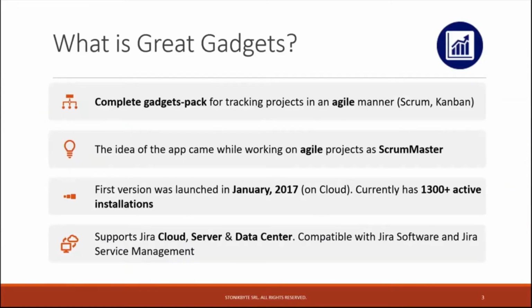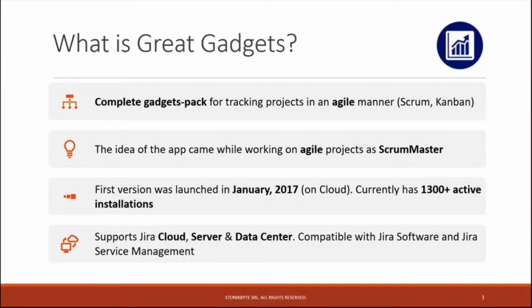Great Gadgets is an app that we want to, or at least our goal is to make it, a complete gadgets pack for tracking projects in an agile manner, especially Scrum and Kanban projects. The idea of the app came while working on an agile project as Scrum Master. I was working some time ago for a company in which I had multiple agile teams, and while using Jira, I found a lot of gaps in tracking agile projects in a good way.